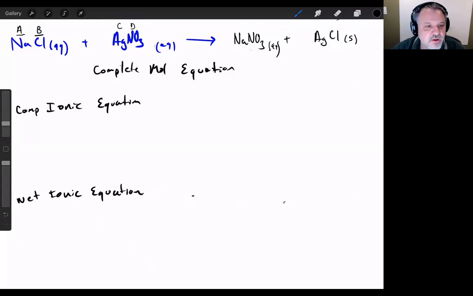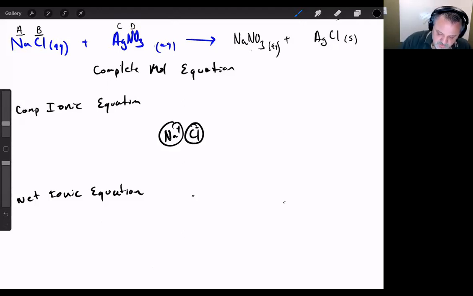But the complete ionic equation talks about the actual individual ions as they are in the solution. And so one of the things that you have to know is that in a solution of aqueous ions, the ions in a compound like sodium chloride don't just sit next to each other like this. They get to float around the solution and move around each other.